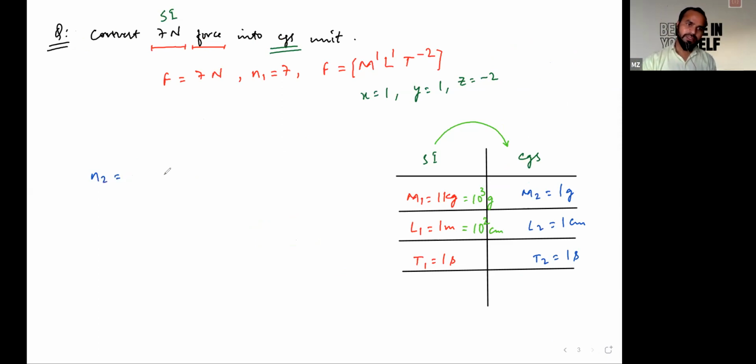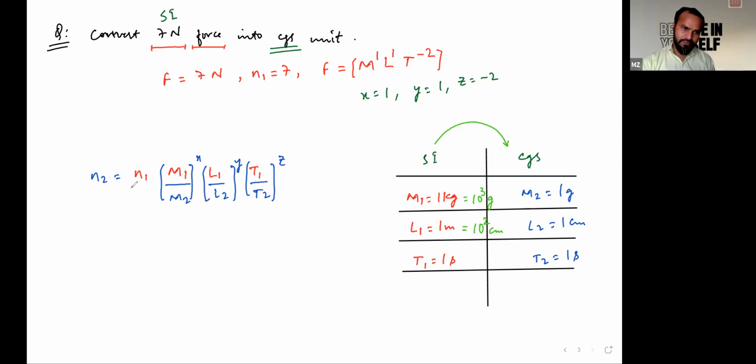So N2 would be equal to N1, which was initially in the SI system of units, so it would be N1 times M1, L1, and T1, converted in terms of M2, L2, and T2, raised to the power X, to the power Y, to the power Z. Now see this expression.